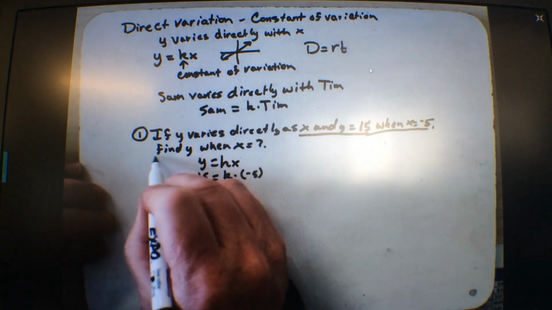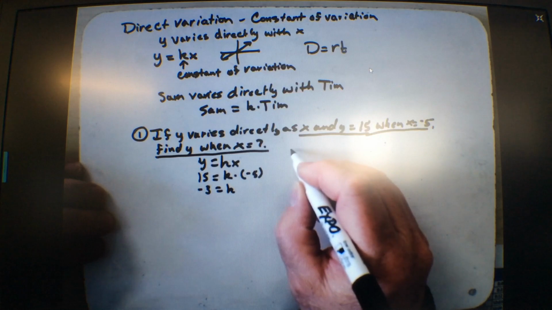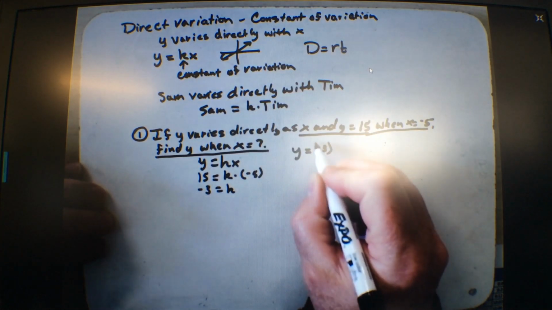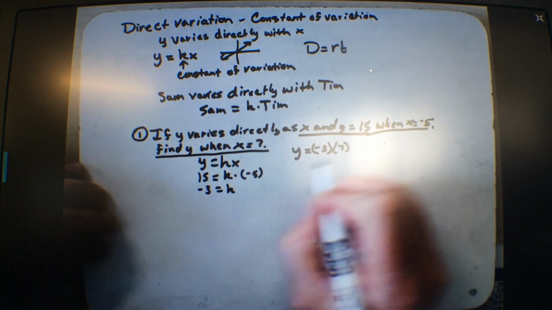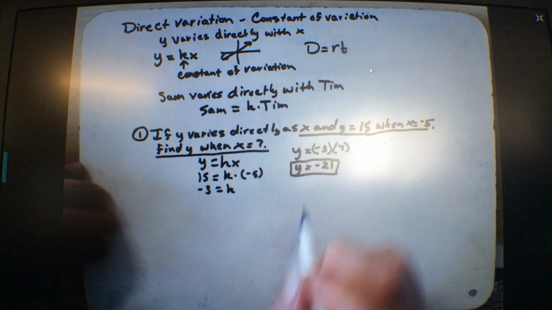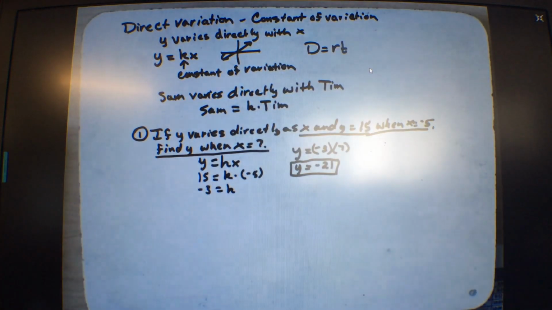And then we can apply that to our new situation. Find y when x equals 7. Now we know k equals a negative 3 and x equals 7, so my new y is a negative 21, and that is my answer. So you can see how I used k to find the new information. All right? Does that make sense to you?